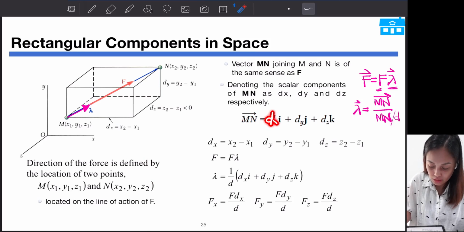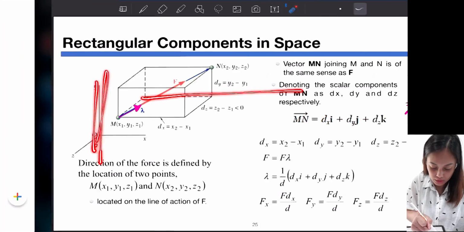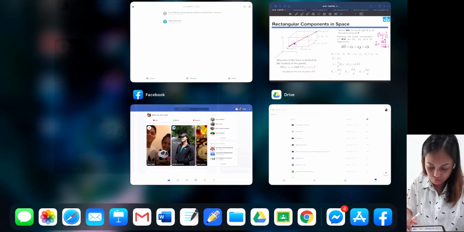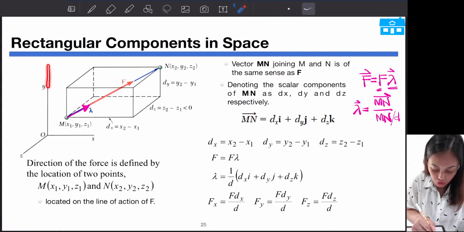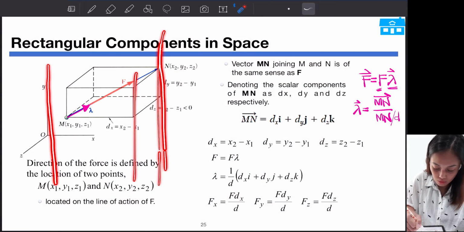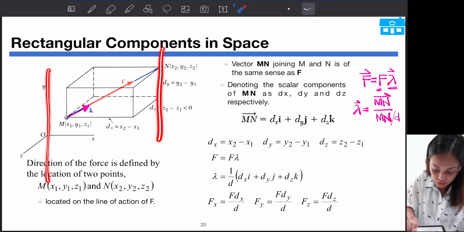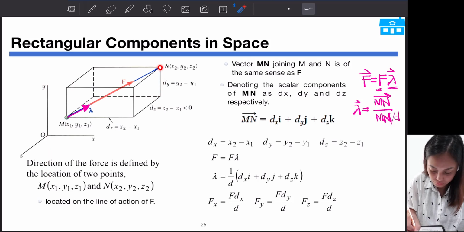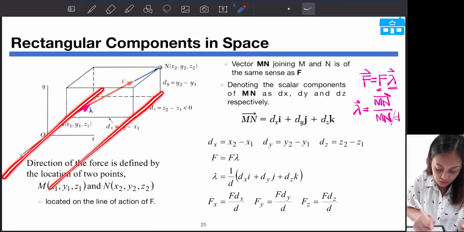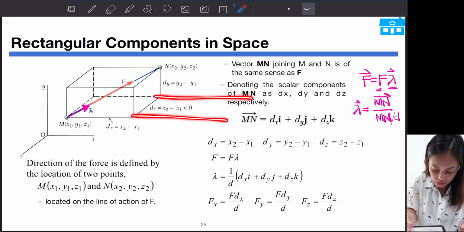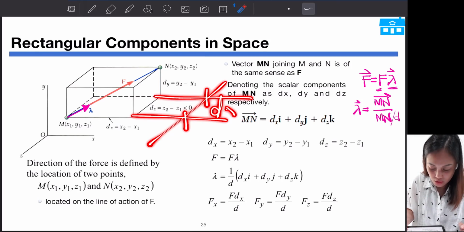So, we have dx i plus the distance between M and N along the y-axis. If this is the y-axis, then the distance between M and N along the y-axis is dy. Then, the distance between M and N along the z-axis, this is the z-axis, this distance along z is our dz.